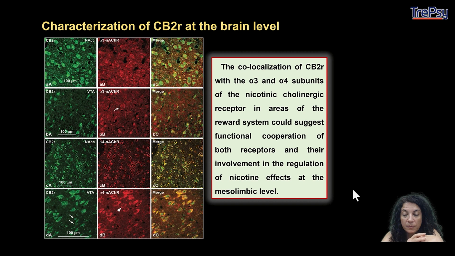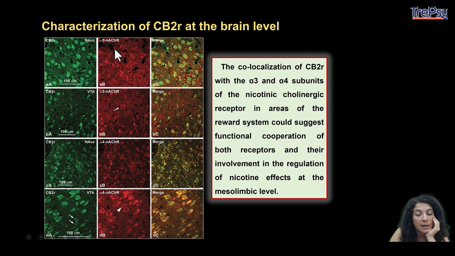Another work from our group was this one, when we could make the immunohistochemistry. Here the CB2 receptor is in green, and we labeled the alpha 3 and alpha 4 subunits of the nicotinic cholinergic receptor.